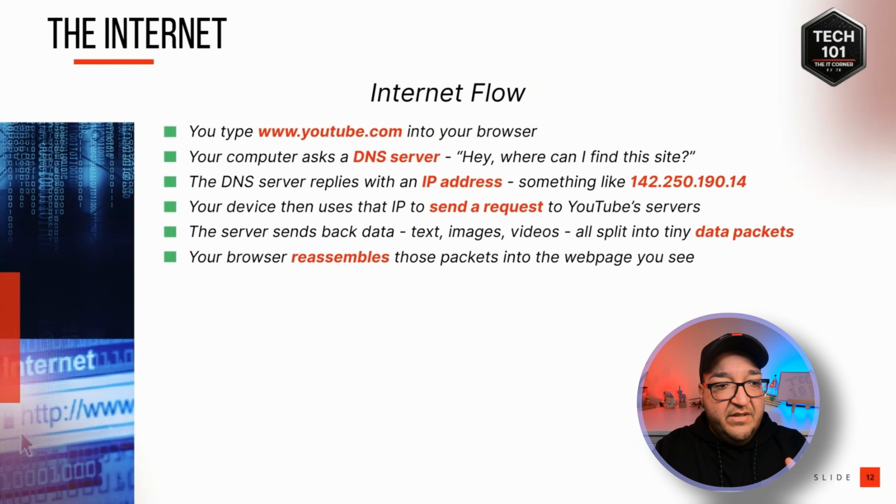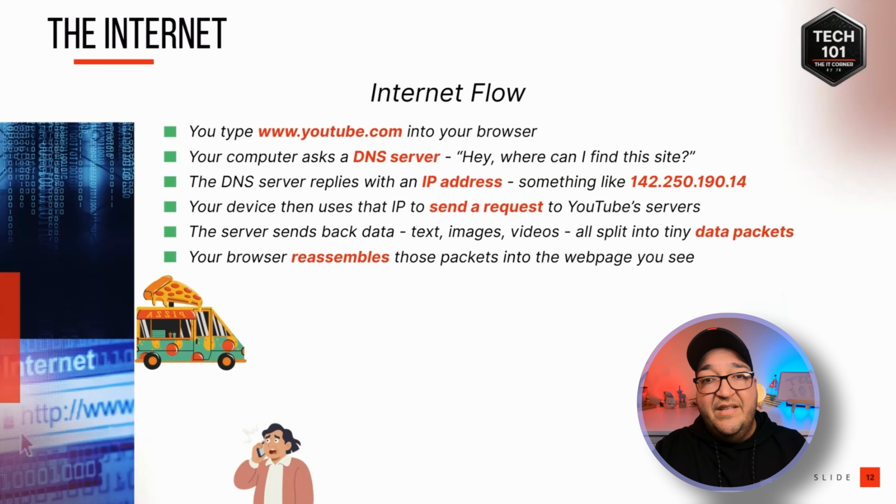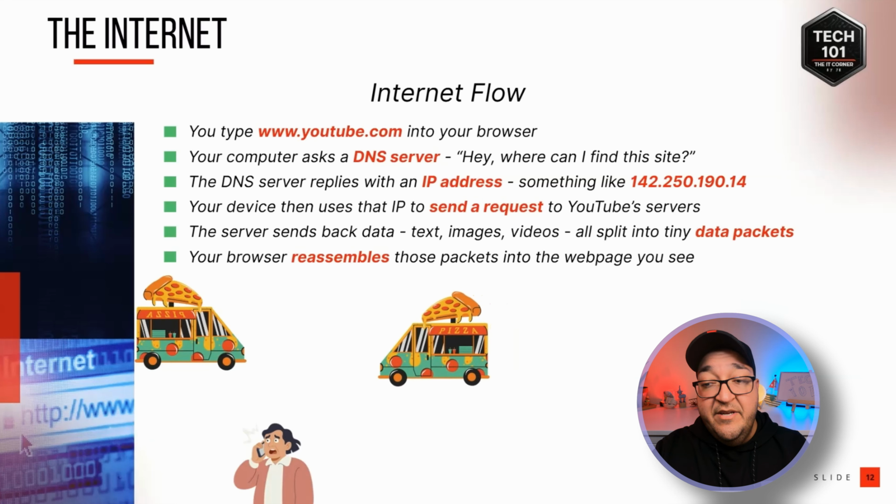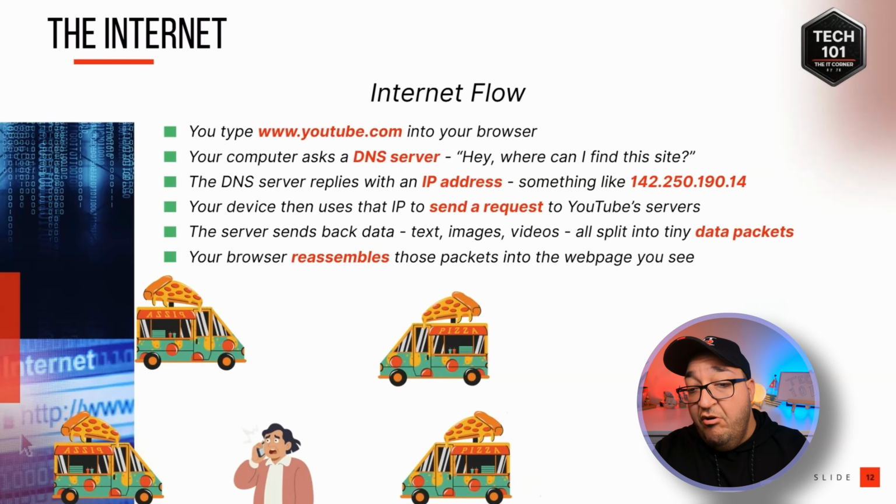Let me give you something to put it together. It's like ordering a pizza, and you start getting each slice delivered by a different driver. Each slice, or packet, might take a different route to get to you, but when they all arrive, your browser reassembles everything into the perfect pizza.